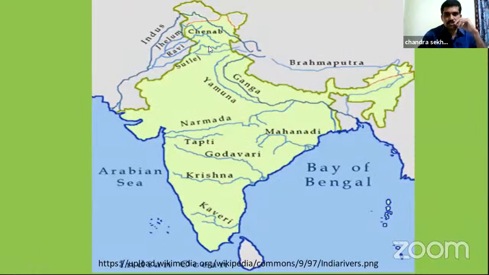Here you can observe the Indus River system and its main tributaries: Sutlej, Ravi, Jhelum, Chenab, and Beas. They enter Jammu and Kashmir, then enter Pakistan and discharge their water into the Arabian Sea near the Rann of Kutch, near Gujarat. This is about the Indus River system.